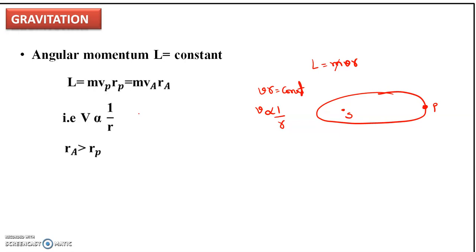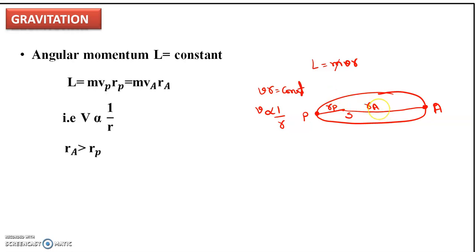Consider the aphelion radius and perihelion radius. Aphelion is the farthest point from the sun. I indicated the planet as P. This is the aphelion point, and very close to the sun, this point is the perihelion point. The aphelion point to sun distance is taken as RA, and the perihelion point to sun distance is taken as RP.